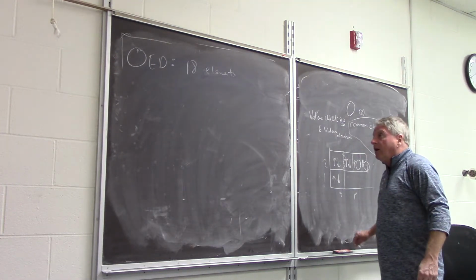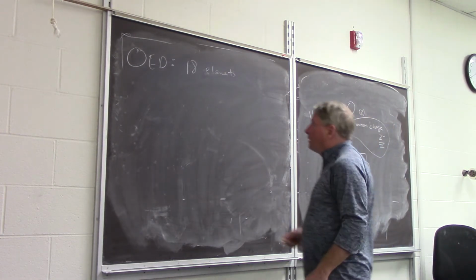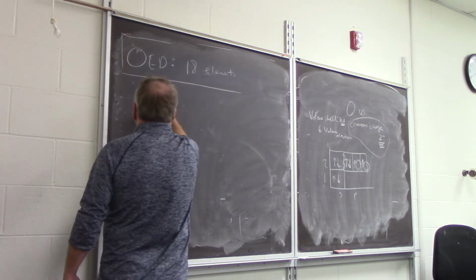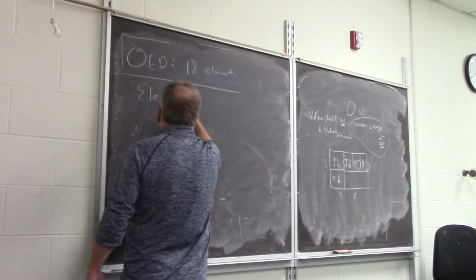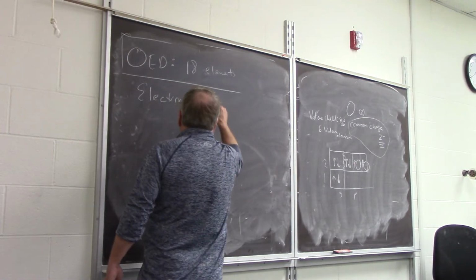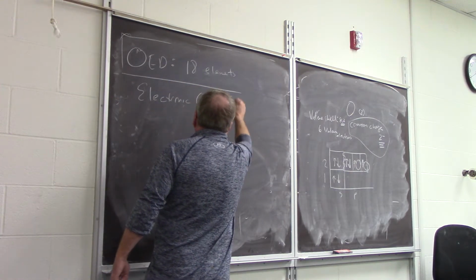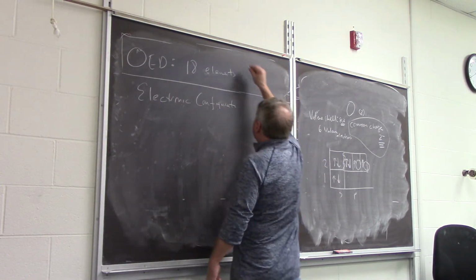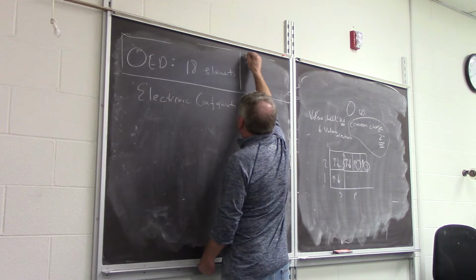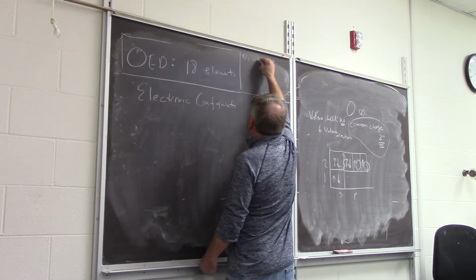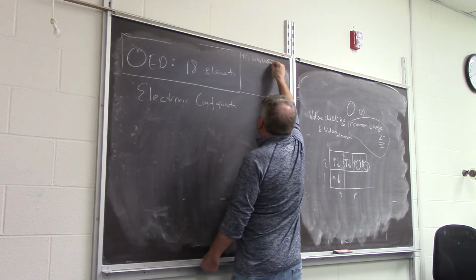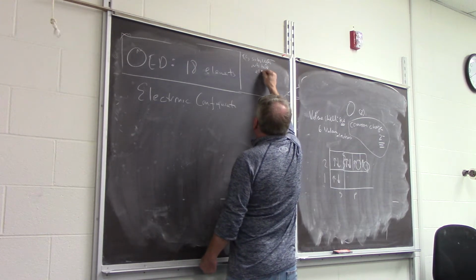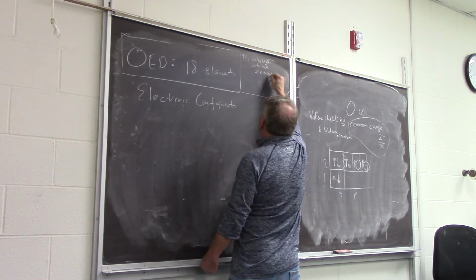Now the next model we're going to talk about is called electronic configuration. The orbital energy diagram includes the energy levels, the subshells, the orbitals, and the electrons and their spins.